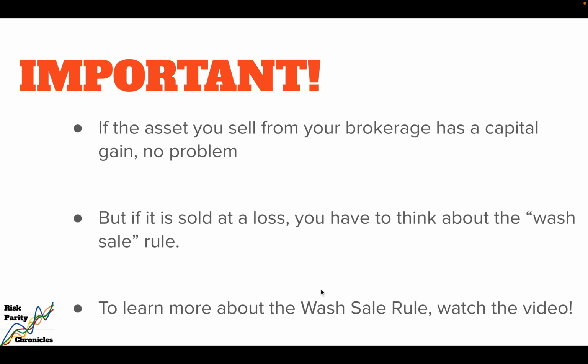Now, with this swap, if those long-term bonds actually had a capital gain, then no problem. You don't need to worry about the wash sale rule. It only applies if you're taking a loss in that brokerage account, as you would have, say, this year with my example. If you do sell at a loss, then that's where the wash sale rules kick in. So please watch the video for more on that.